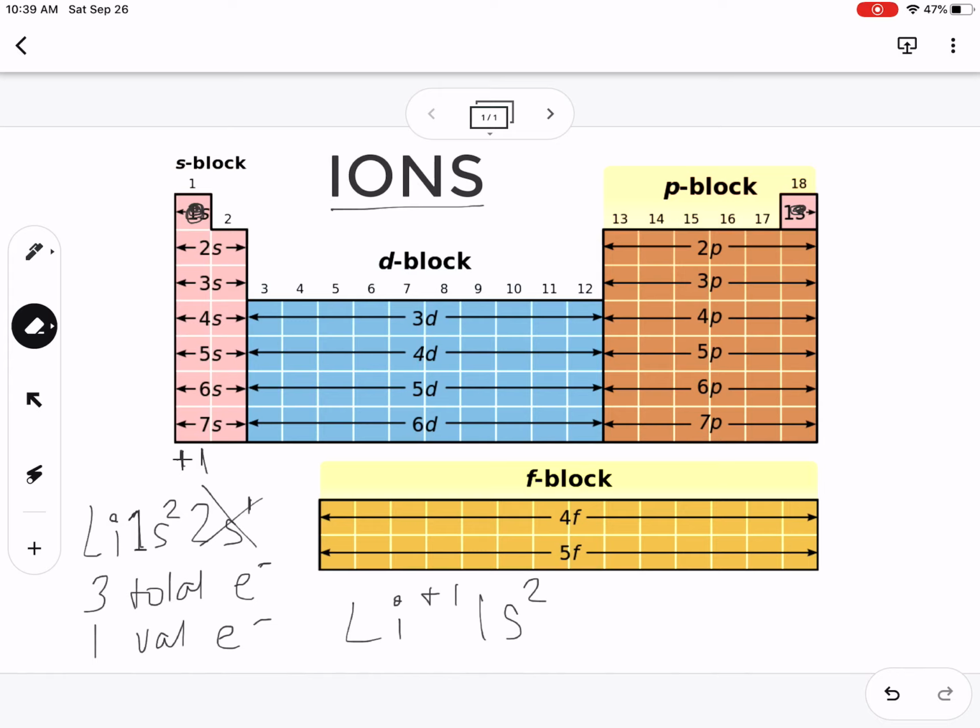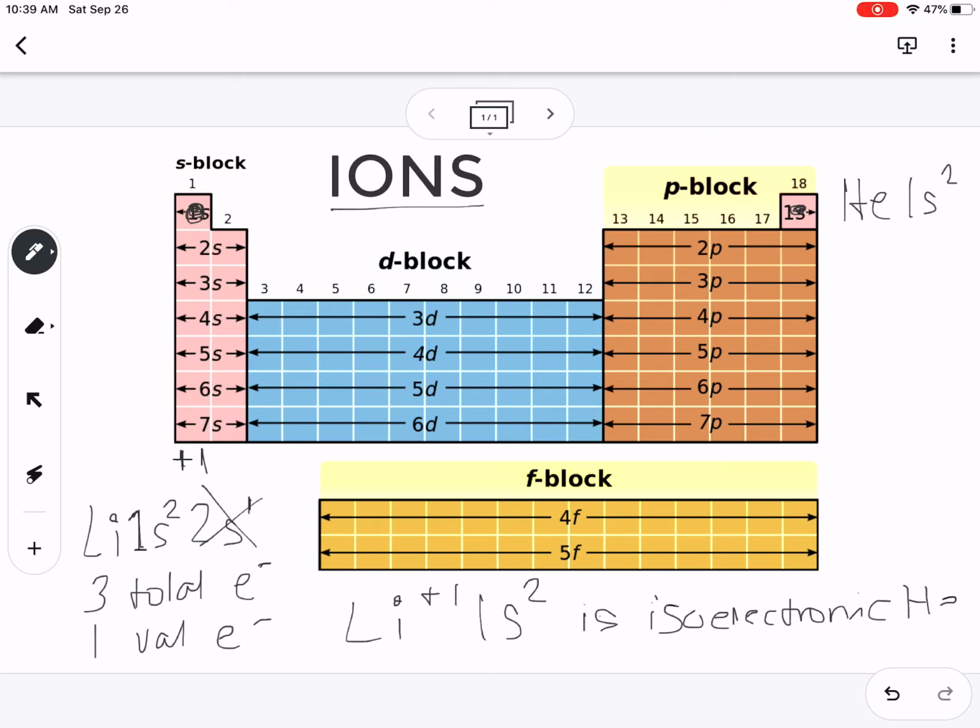Who else is 1s2? Helium's also 1s2. So that means lithium, when it's in its ion state of +1, is isoelectronic with helium, because it has the same number of electrons. It now only has 2 electrons.